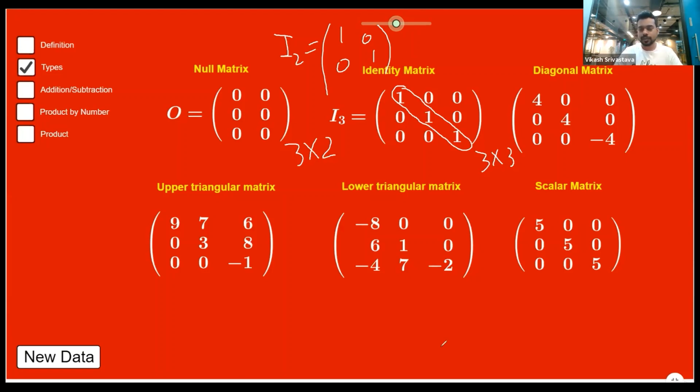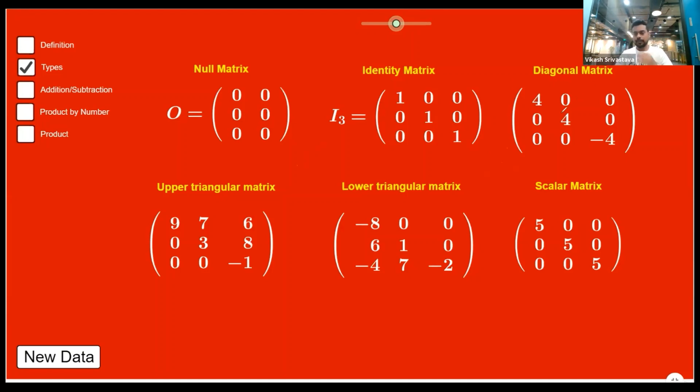Okay, so now moving ahead, this is the diagonal matrix. A diagonal matrix is a matrix in which the elements are populated along the diagonal. They're not necessarily 1 as was the case with the identity matrix, but the diagonal elements will be non-zero, and all the non-diagonal elements will be 0.